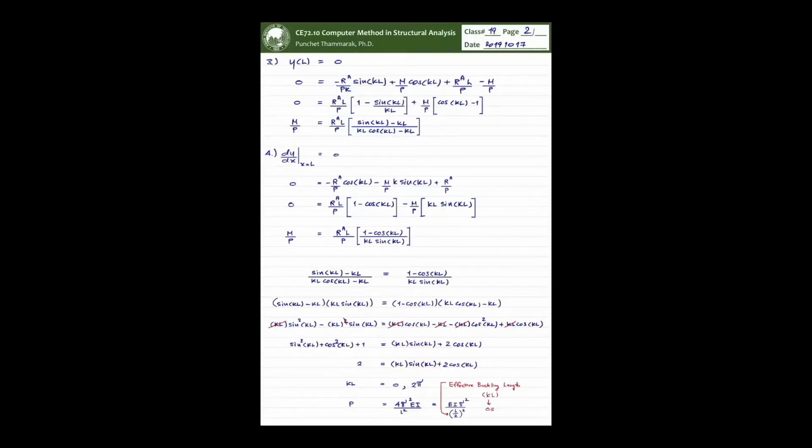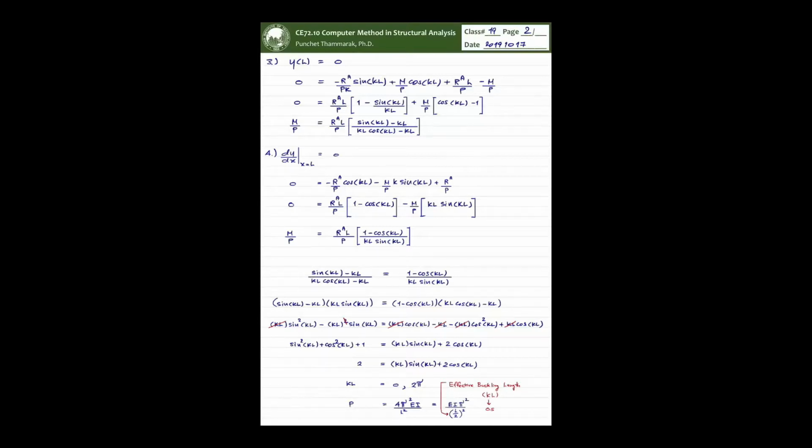And then if we just substitute the KL being 2 pi back into the equation, such that we can check if your RA is equal to 0 or not.